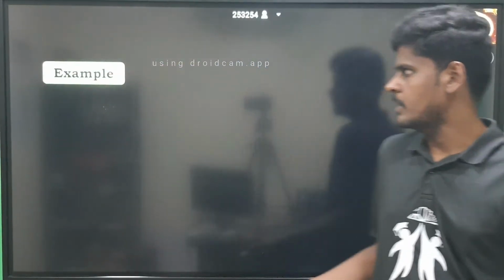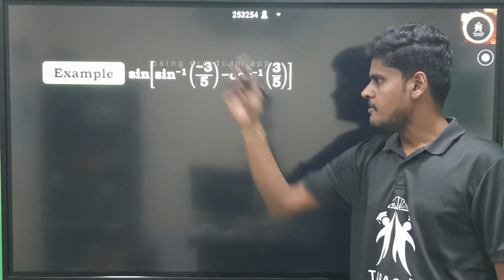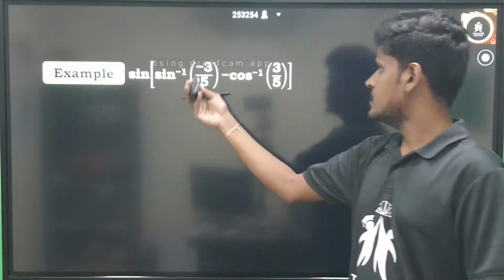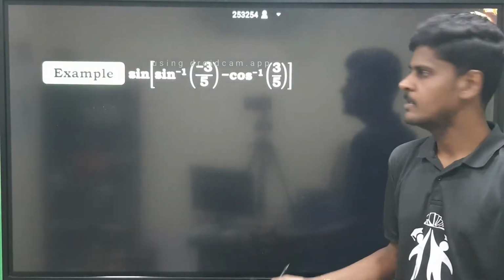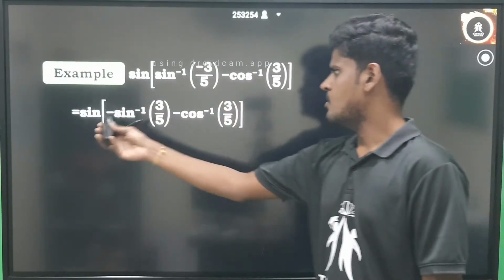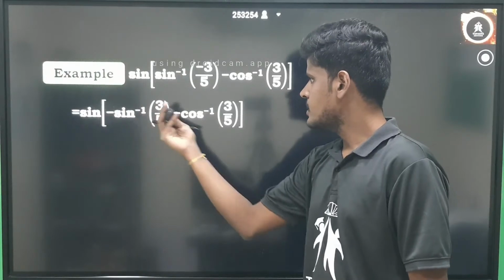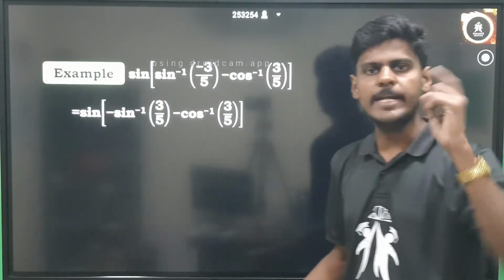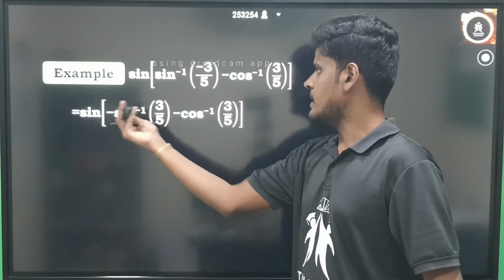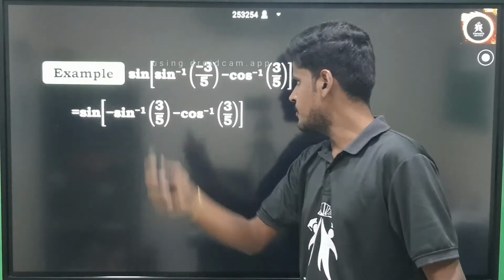Next we will solve one example. Find the value of sin of sin inverse minus 3 by 5 minus cos inverse 3 by 5. Now sin inverse minus x is minus of sin inverse x. So we can write minus of sin inverse 3 by 5.